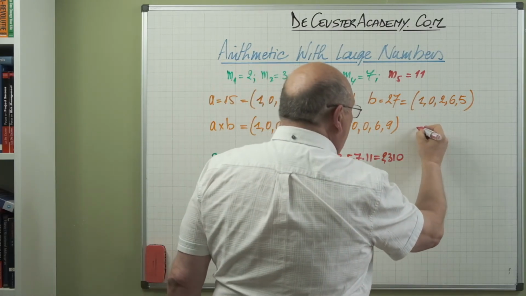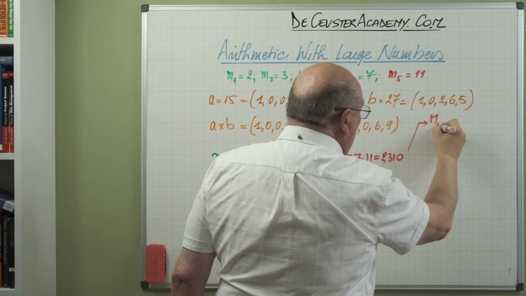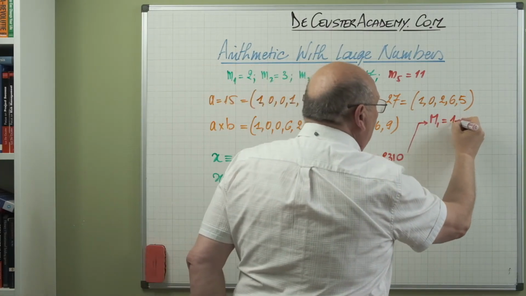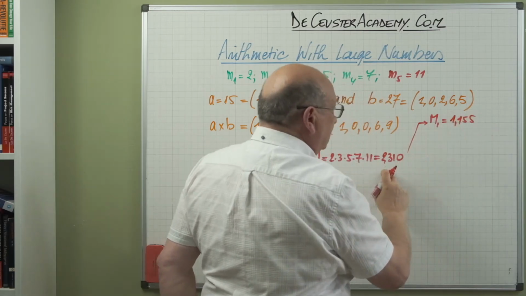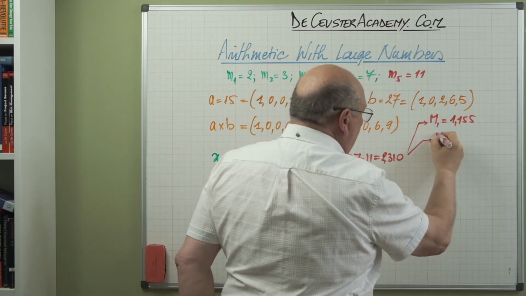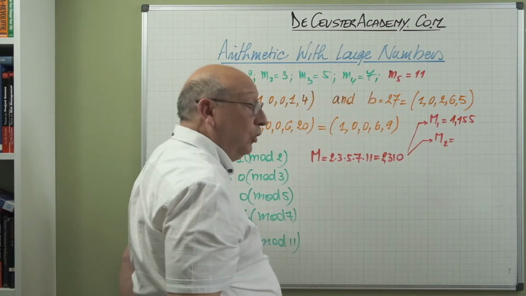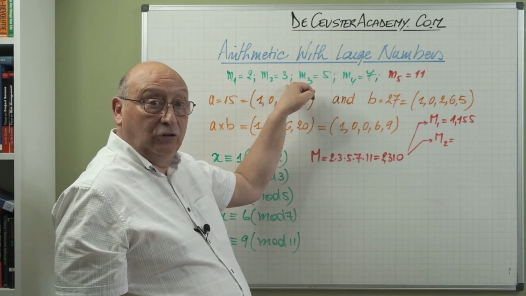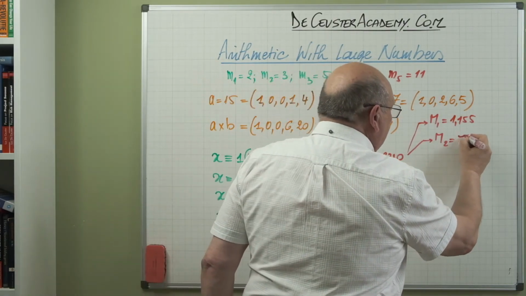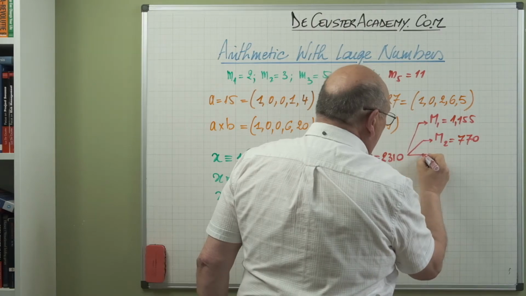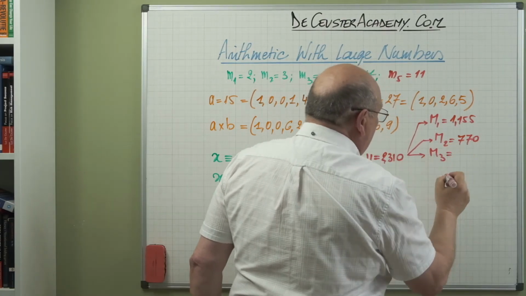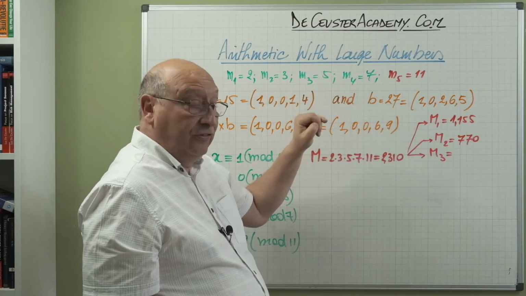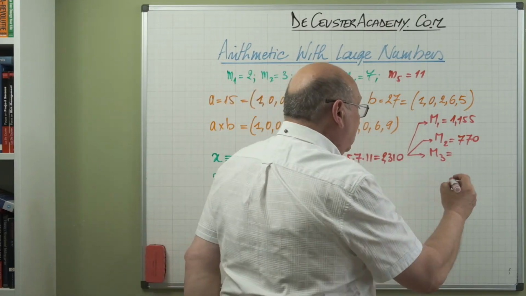And then we have m1. m1 is 1155, it's this divided by 2. m2 is equal to 2310 divided by 3, which is 770. m3 is 2310 divided by 5, which is 462.